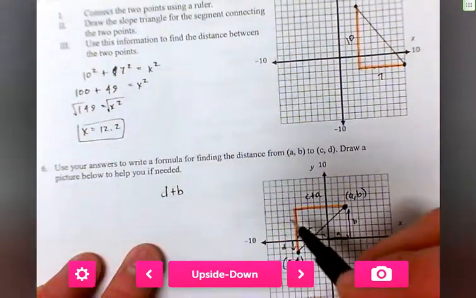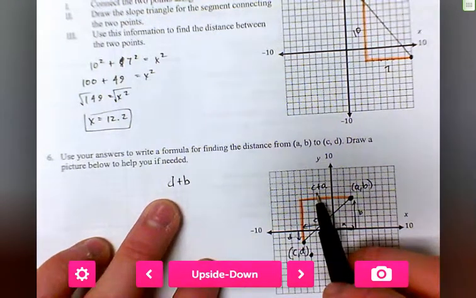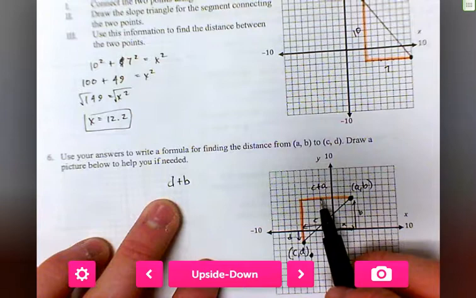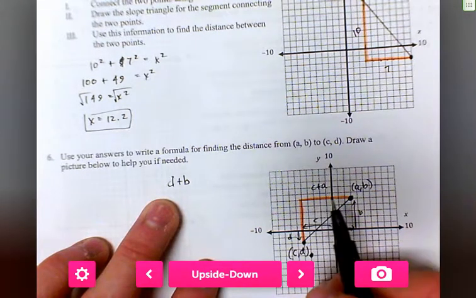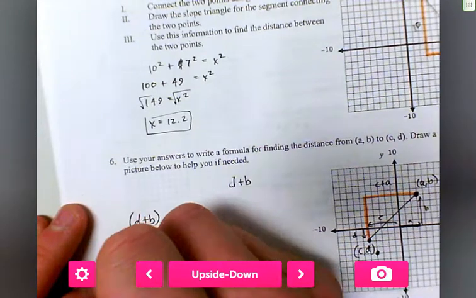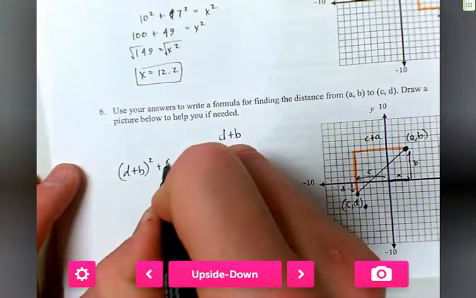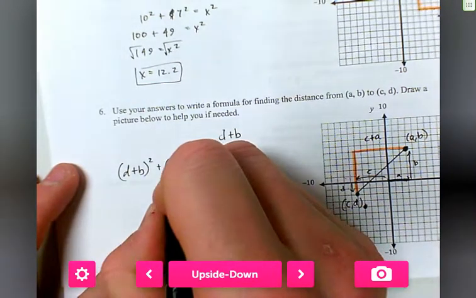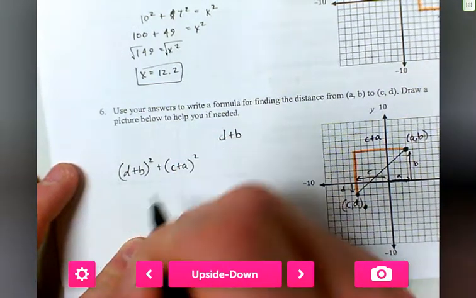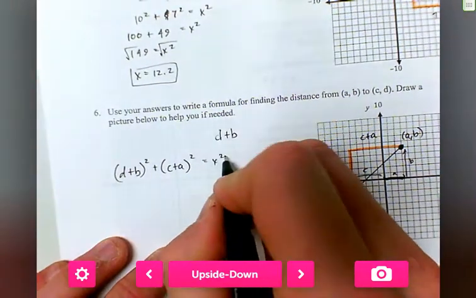We're going to plug in the leg D plus B, okay, and then the leg C plus A into the Pythagorean theorem. So we've got D plus B squared plus C plus A squared equals x squared.